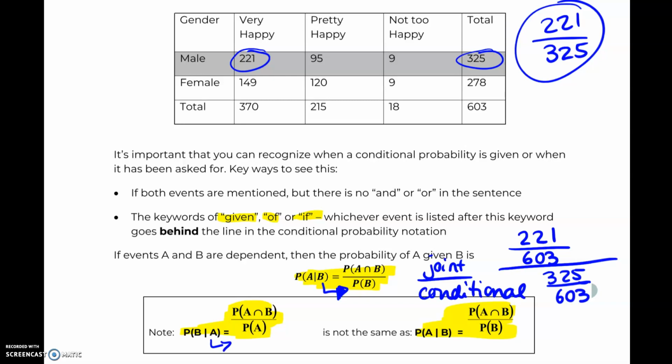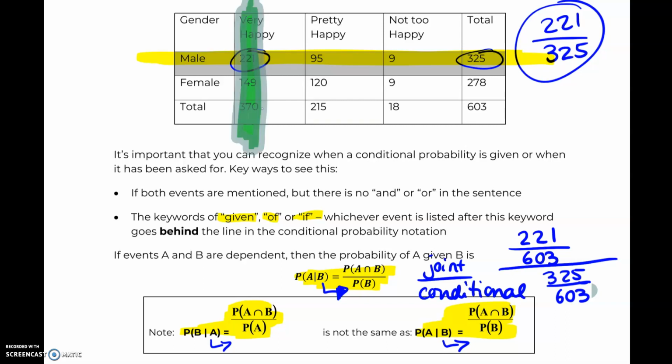In our first definition, we're dividing by the probability of A. In the second one, we are dividing by the probability of B. Our numerator stays the same. So be very careful to make sure that you're choosing the correct total, right? That we're using this total and not the very happy total. That is probably the most common mistake.